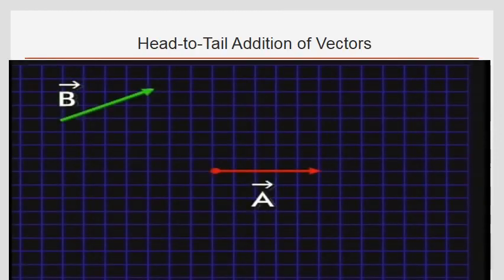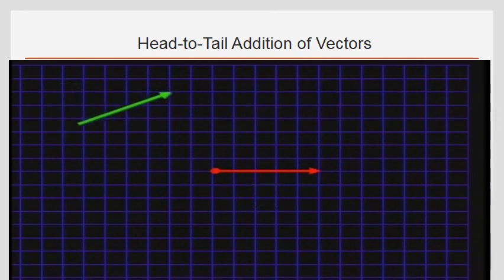We'll use these animated vector arrows to show a method of vector addition called head-to-tail addition. If we want to add vector B to vector A, we simply move B so that its tail is in the same position as the head of A, keeping it parallel to its original orientation at all times.